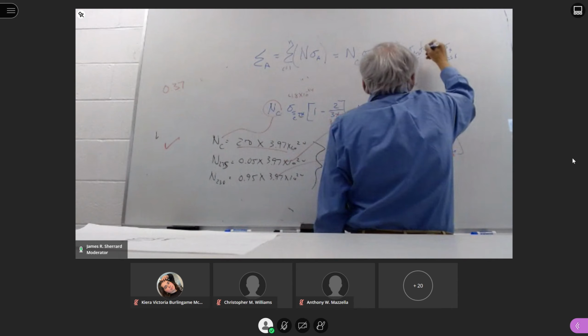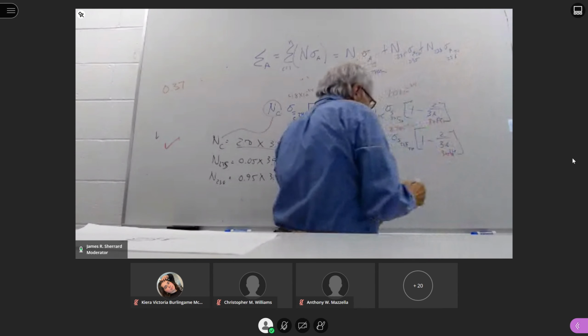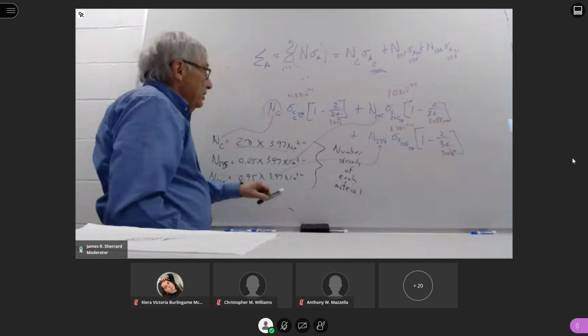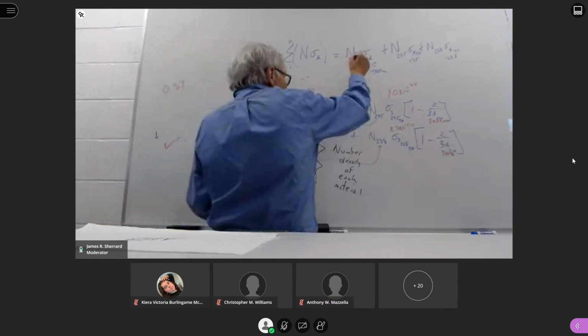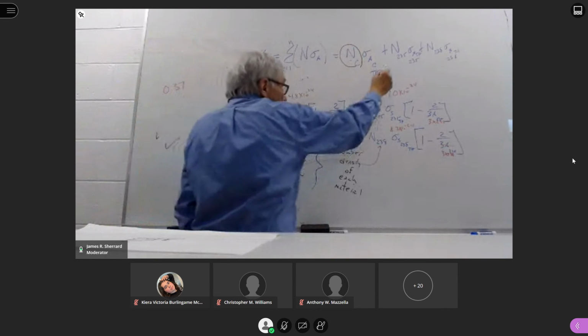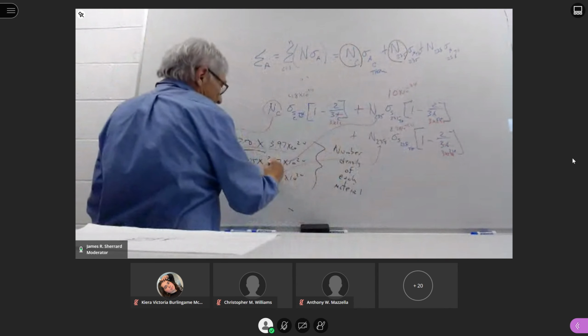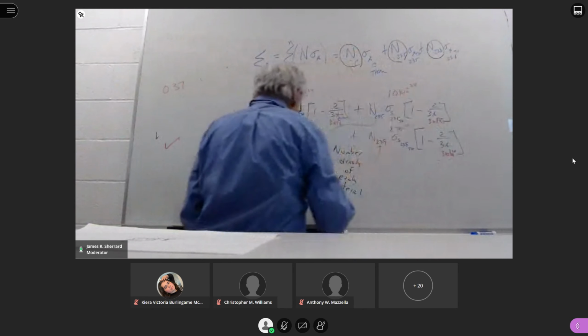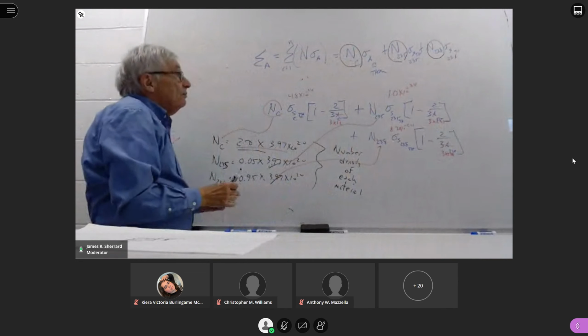And again, all of these are thermal values. When you go to calculate that, this value is this value we found earlier, and this value is this value we found earlier.